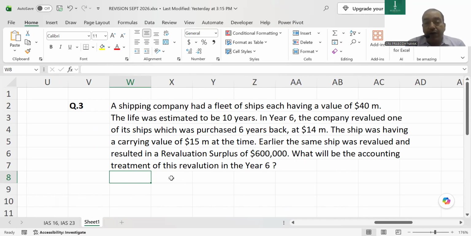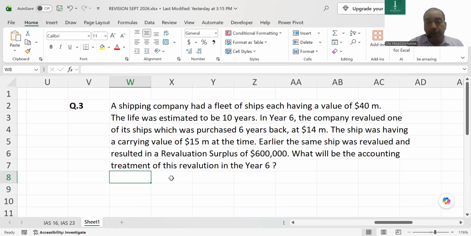The ship was having a carrying value of $15 million. Carrying value was $15 million, but it was purchased at $14 million. Earlier, the same ship was revalued and resulted in the revaluation surplus of $600,000.